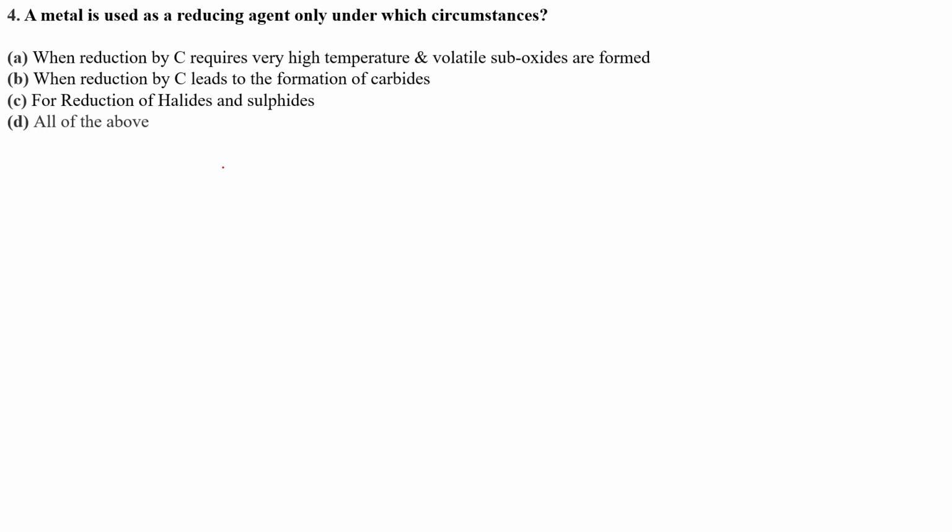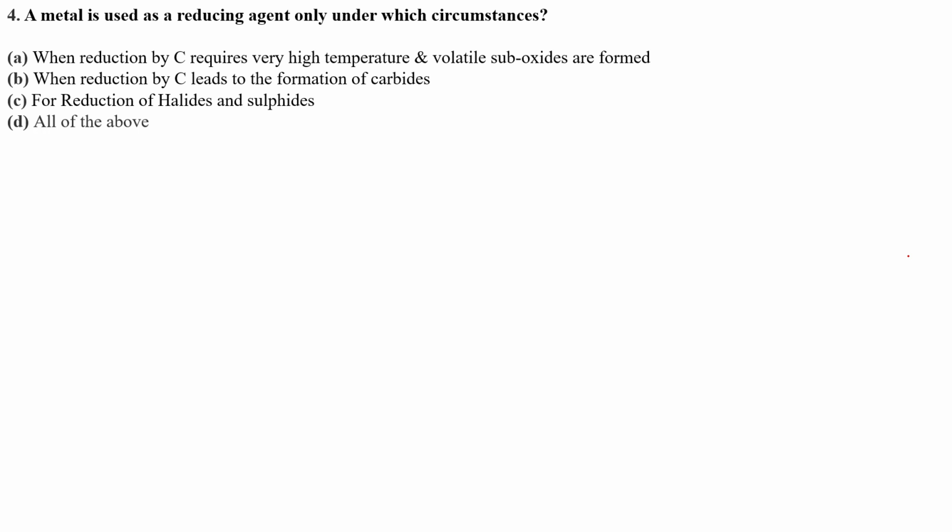When we talk about reduction, what comes to our mind first is carbothermal reduction, or most of the time we can go for hydrogen reduction, and recently we are mostly talking about the hydrogen reduction process. So why are we sometimes using metal as a reducing agent? The causes are when reduction by carbon requires very high temperature and volatile suboxides are formed.